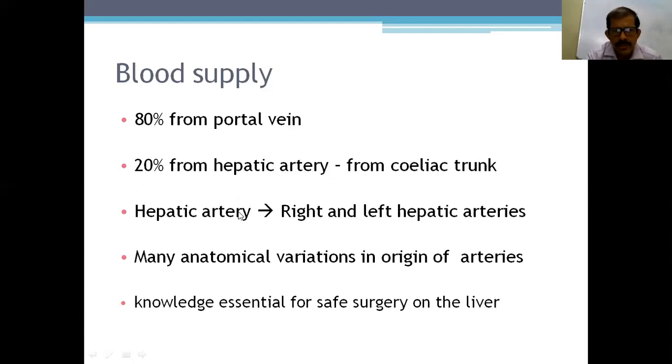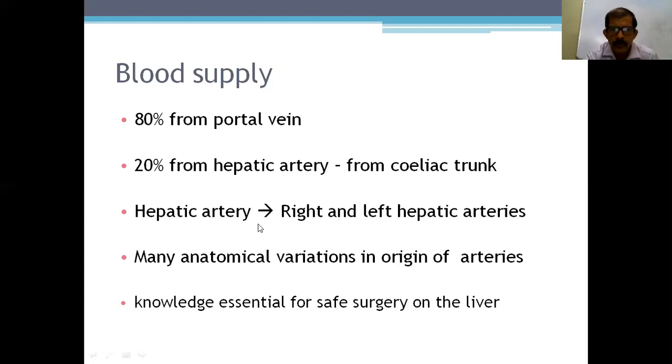Of course, the hepatic artery will divide into right and left hepatic arteries, just like the portal vein, which will also divide into right and left portal veins. Along with this artery and vein, the bile duct, that is the right and left hepatic ducts, are called the portal triad.